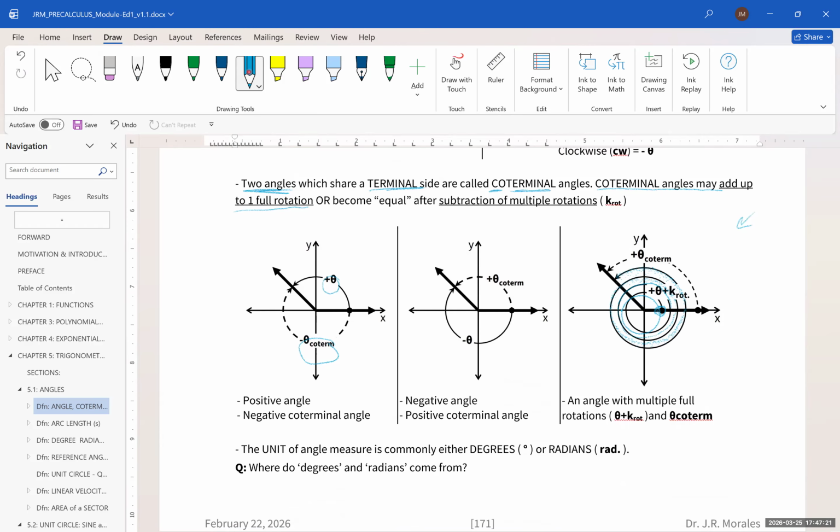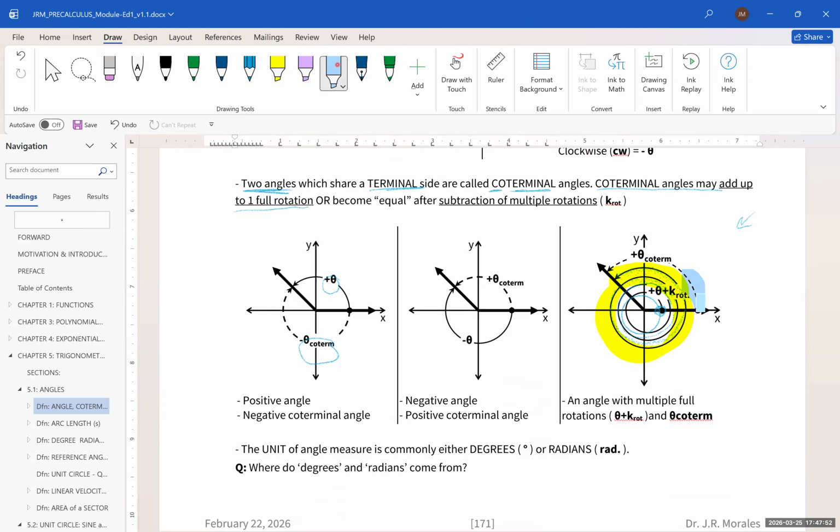So we went around 3 full rotations, 1, 2, 3, and then went over to the terminal side right there. The angle coterminal to that angle with all those rotations would be the angle without those rotations.